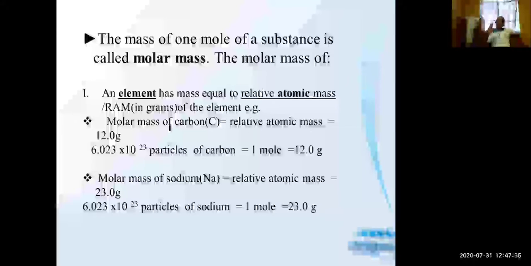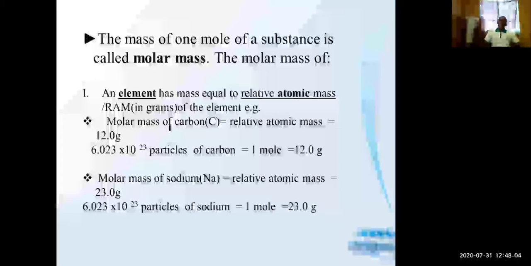Where students always get confused is between relative atomic mass and atomic number. The atomic number of an element is totally different from its relative atomic mass. Atomic number is equivalent to the number of protons in that atom.